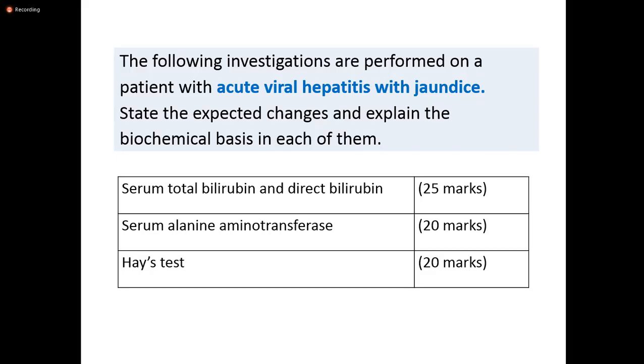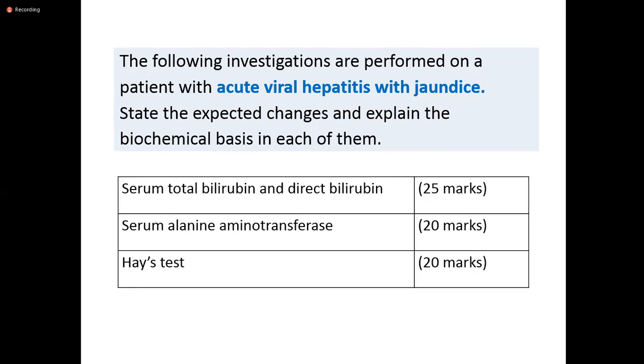And due to viral infection in the liver, small hepatocytes are damaged. Therefore, the number of active hepatocytes is reduced. So bilirubin uptake by hepatocytes is reduced. Normally, conjugation of bilirubin occurs in hepatocytes.